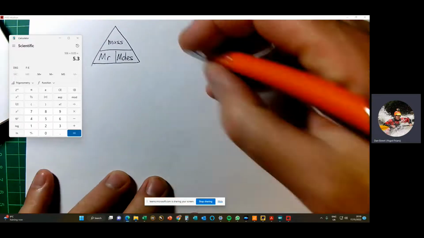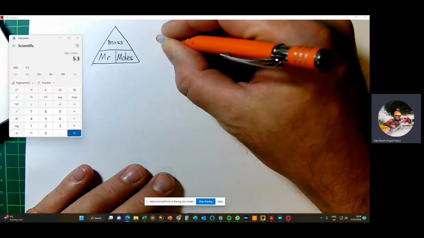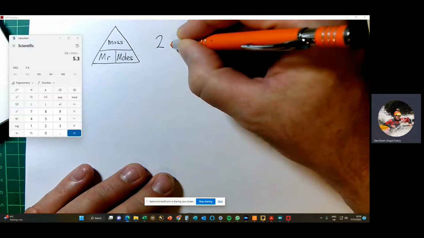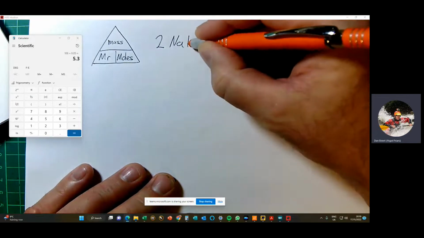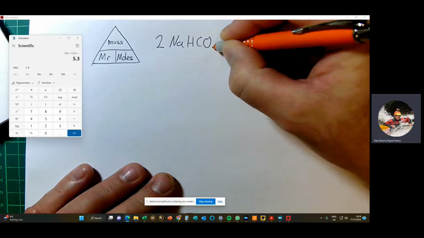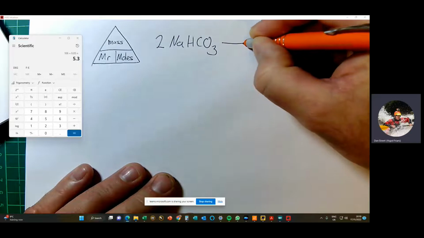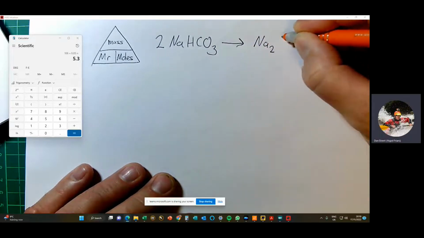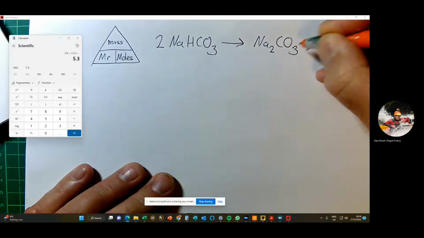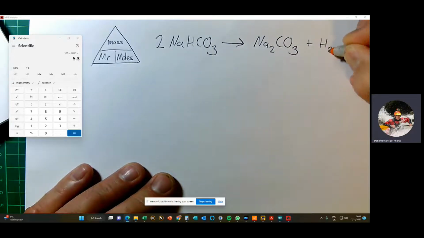So if we rewrite our equation, we saw in the question that 2 moles, or 2 molecules, we can consider them to be the same, of sodium hydrogen carbonate break down to form a mole of sodium carbonate, a mole of water, and a mole of carbon dioxide.